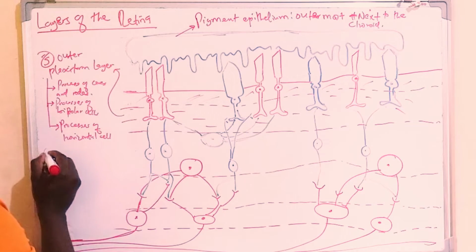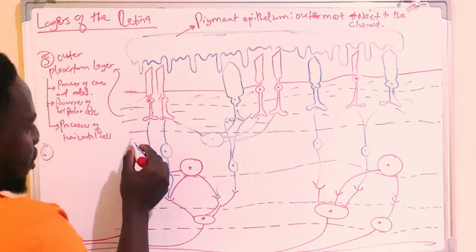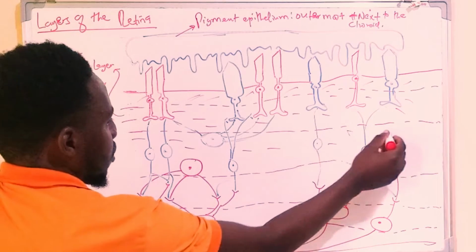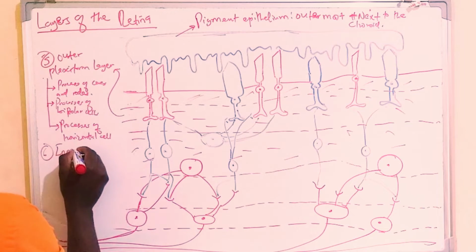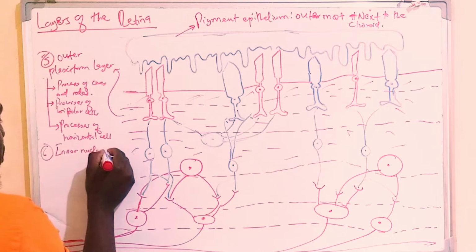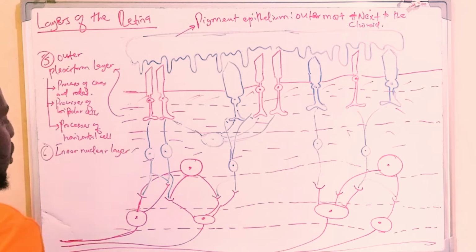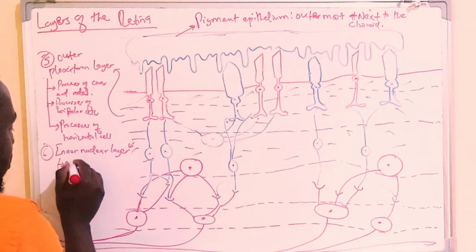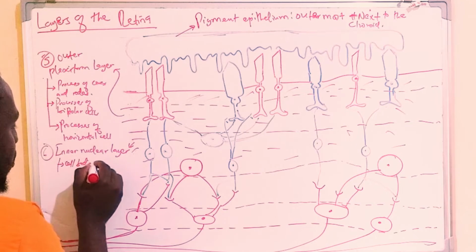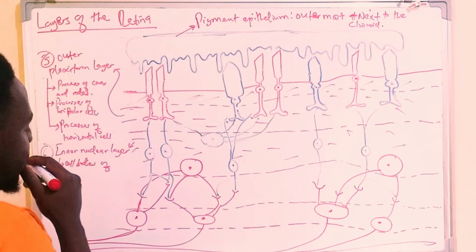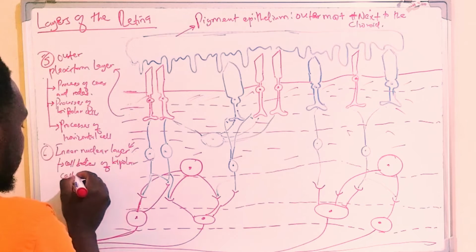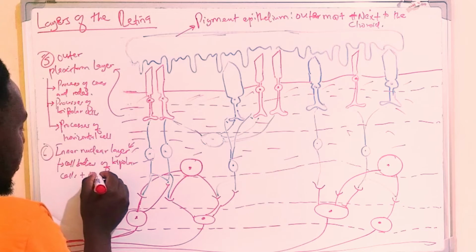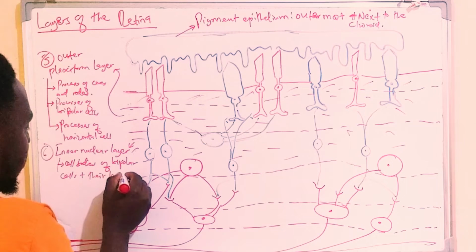Then the sixth layer, which is here, is the inner nuclear layer. The inner nuclear layer is this part here. It has cell bodies of bipolar cells, plus their leaving processes.